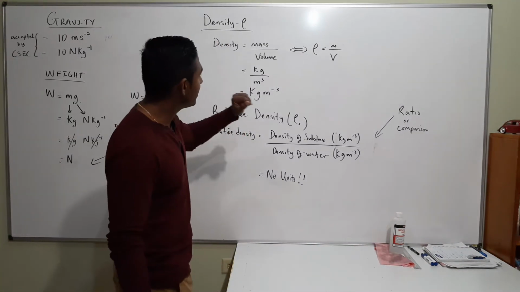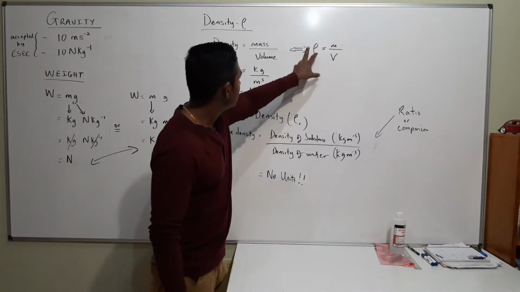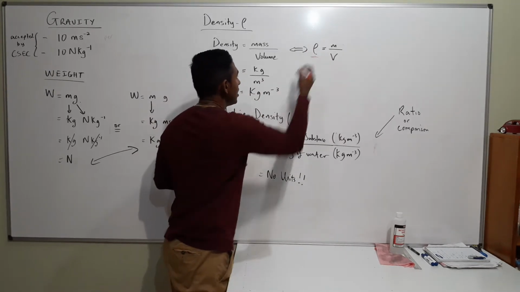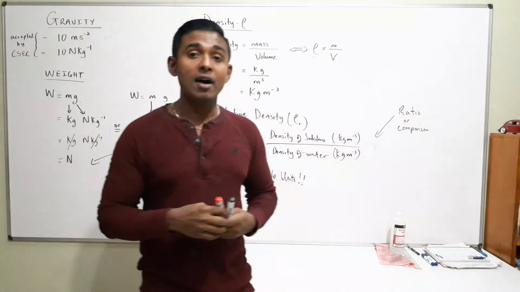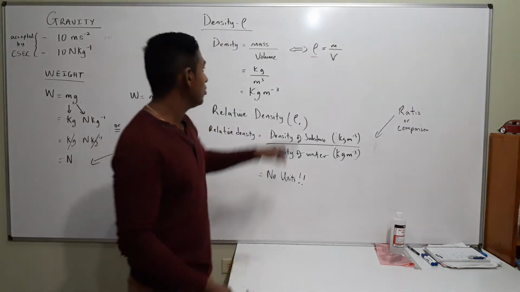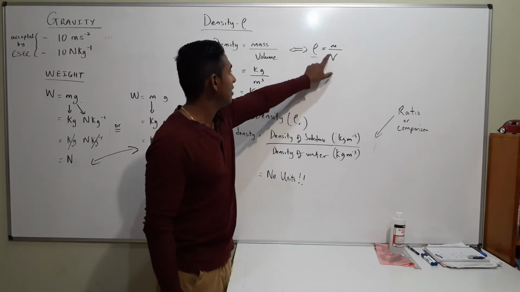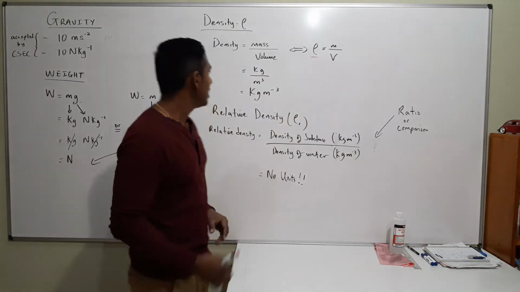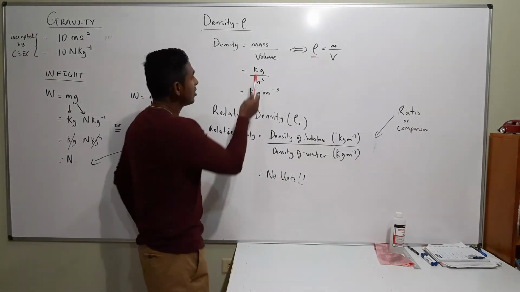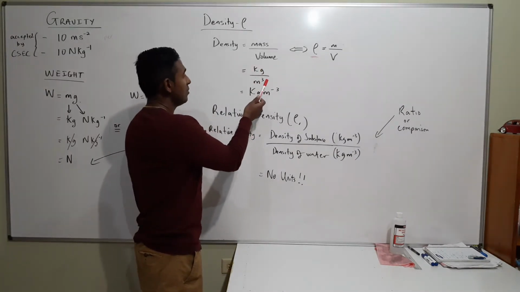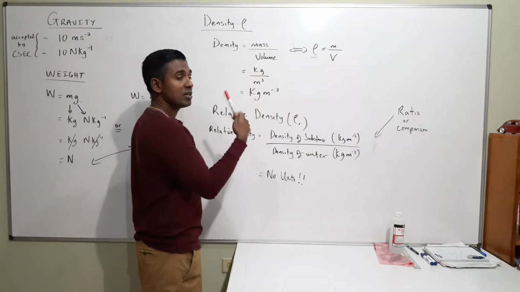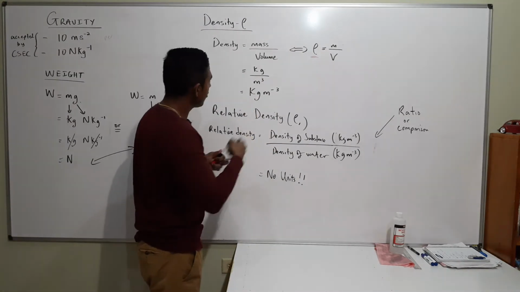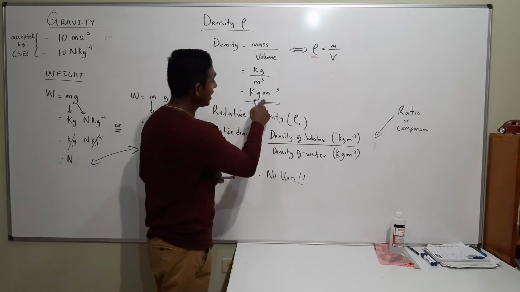Of course, if you look at the formula, the symbol for density is this symbol here, and that symbol is rho, R-H-O, rho, and rho is mass divided by volume. Density is mass divided by volume. If we were to look at the units, the unit of mass is the kilogram, and the unit of volume is the cubic meter. So if we were to write this in simplest form, it would look like this.